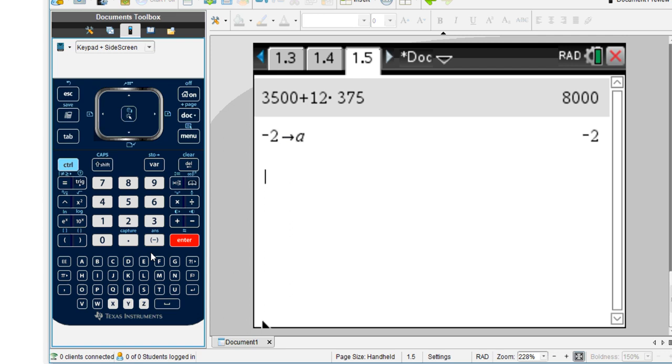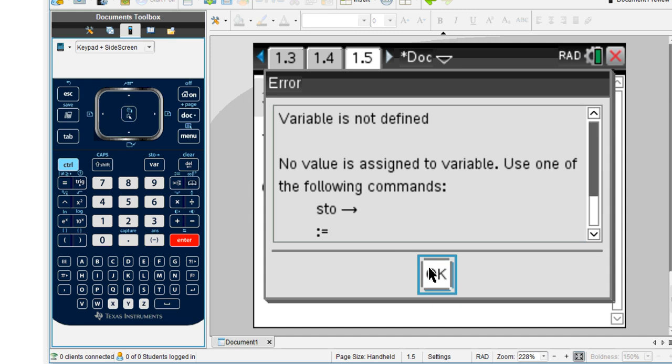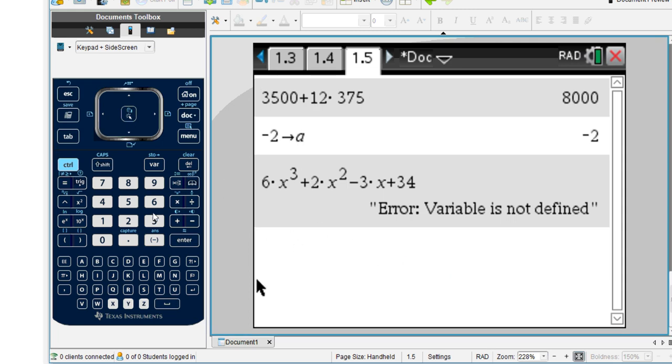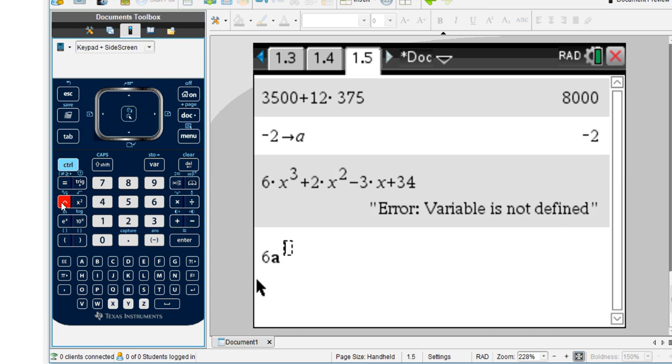Okay, if we just type in 6x cubed plus 2x squared minus 3x plus 34, we're going to get, I should have put a. Let me put 6a cubed. That's what I meant to do.